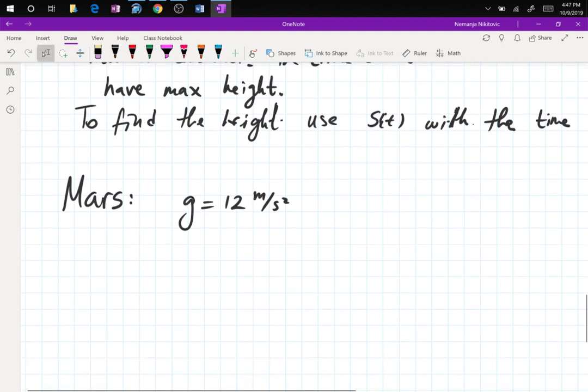It gives you the formula S of t as negative 6t squared plus 64t plus 192.